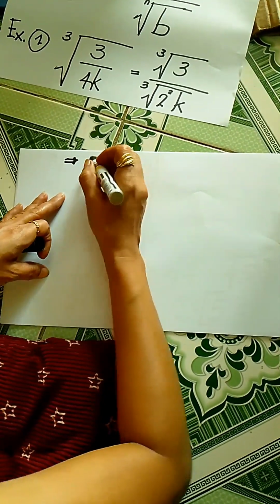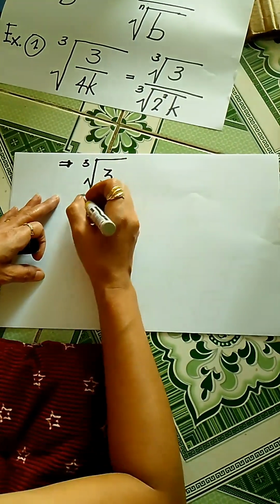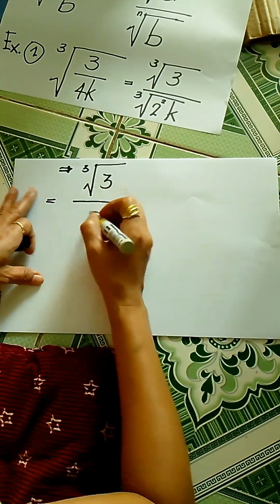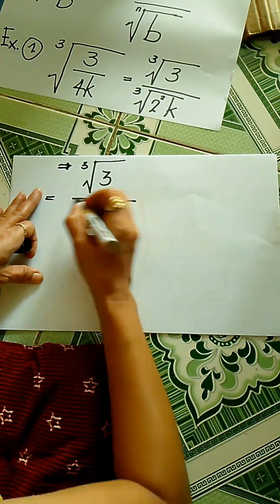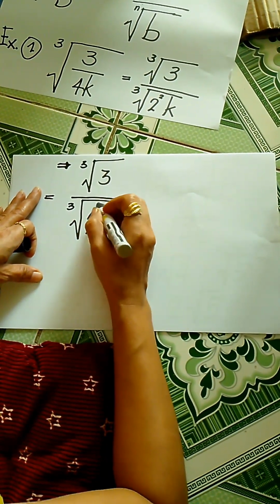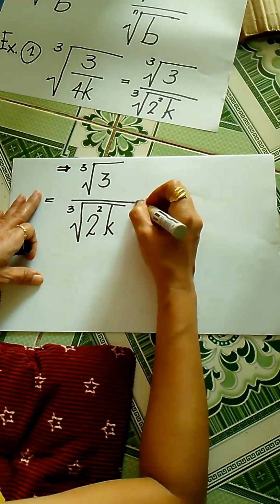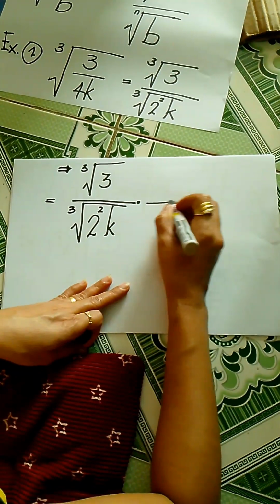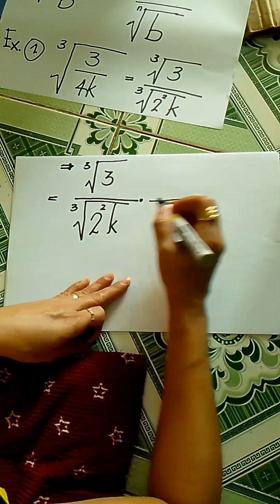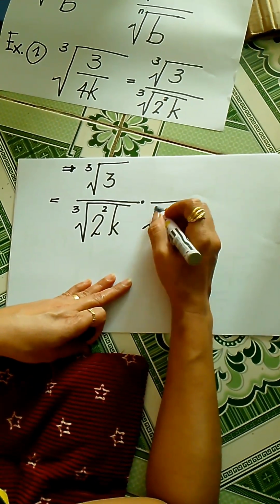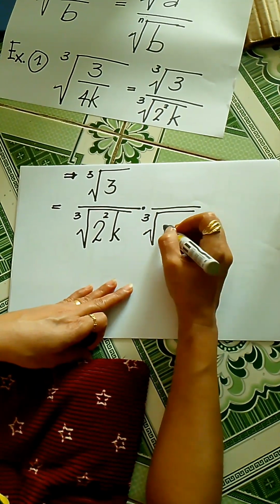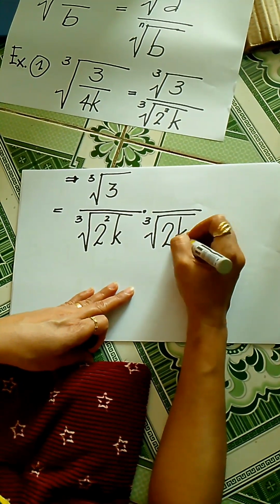Cube root of 3 divided by cube root of 2 square k times, so kanina sabi ko nga sa inyo, kailangan mag-isip tayo ng number to make the denominator a perfect nth root.